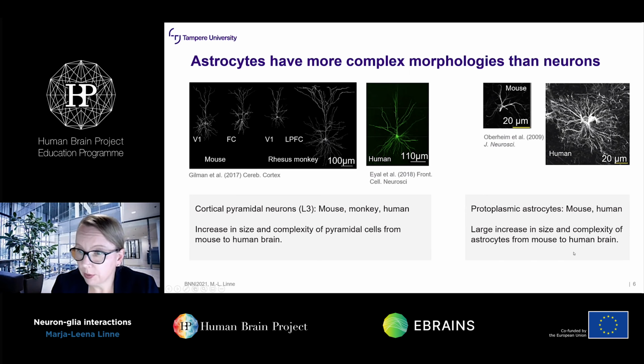And if you particularly look at the astrocytes from mouse and human, you see a large, if not to say huge, increase in size and complexity of astrocytes when you go from mouse to human brain.